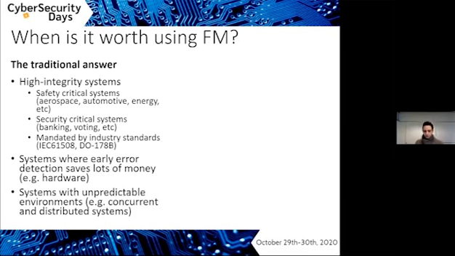There are some efforts to bring this level of awareness about formal methods and include formal methods in other kinds of certifications for software, but right now it's still limited and still related to high integrity systems. Other types of systems are those where early error detection saves a lot of money.